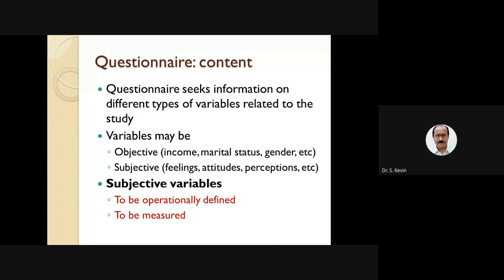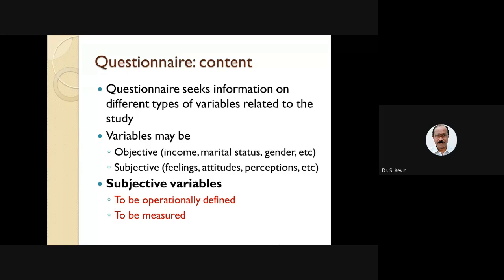We need to measure it, just like the height of a person. The job satisfaction of a person has to be measured. The customer satisfaction of a person has to be measured. The attitude towards something has to be measured. Is it positive, highly positive, or is it negative, highly negative? So the subjective variables have to be defined and then measured.